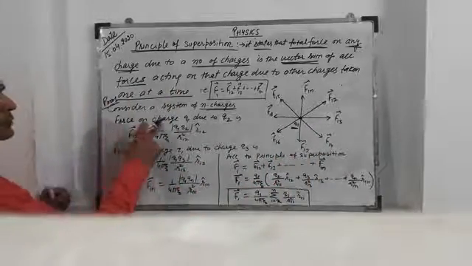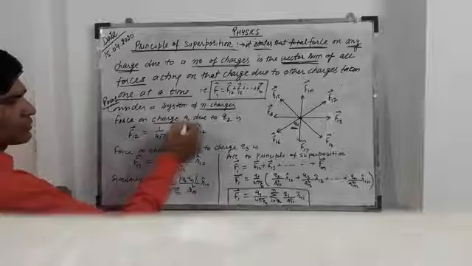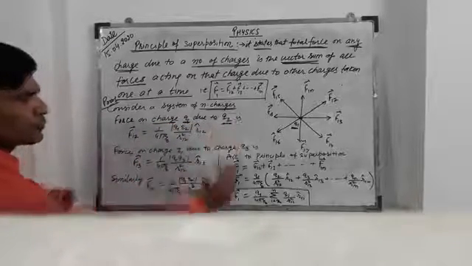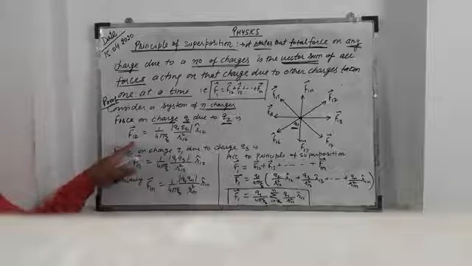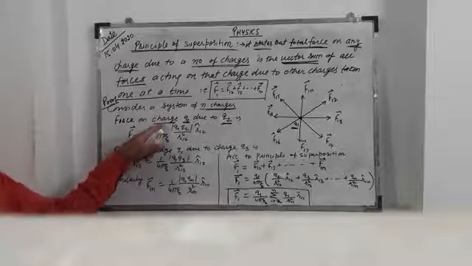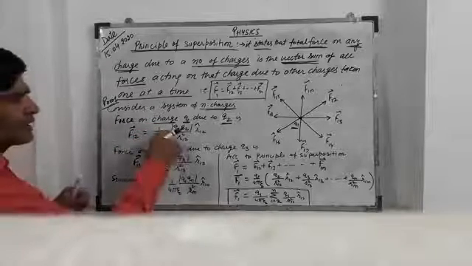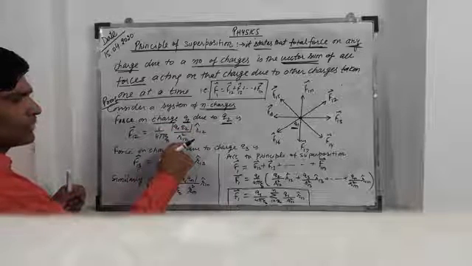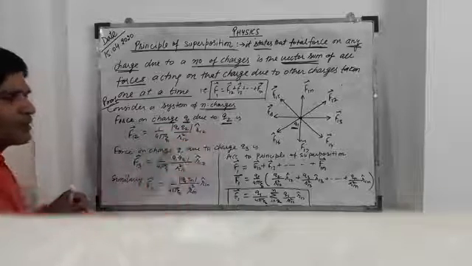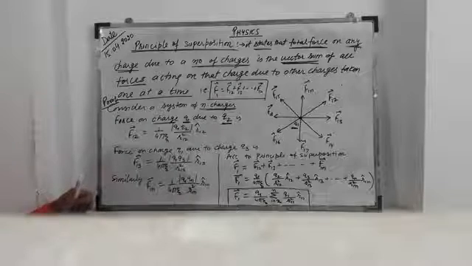The force on charge Q1 due to charge Q2 is F12 vector equal to 1 upon 4 pi epsilon naught Q1 Q2 upon R12 square, R12 unit vector.